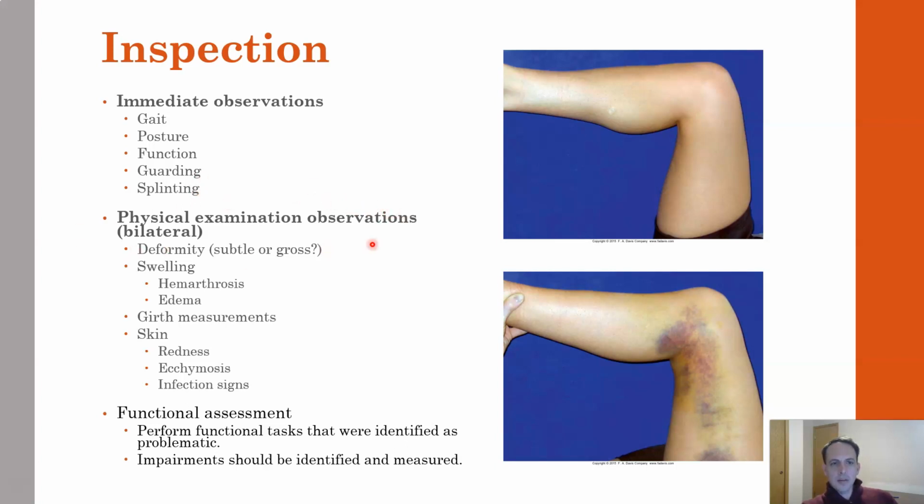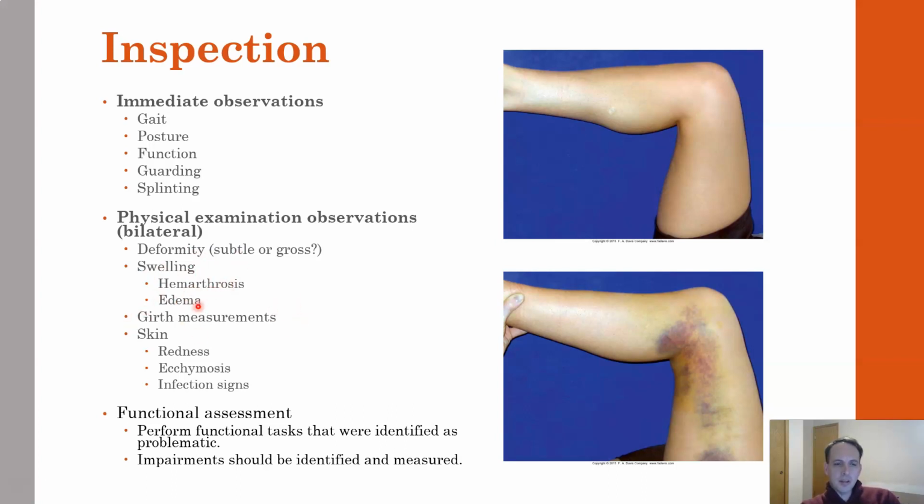We're also going to be looking at our more physical exam observations, always comparing bilaterally. We're looking for deformities, either subtle or gross, things that are completely out of place that might give us an indication of what is wrong. Swelling, both edema and bruising or hemarthrosis, can come into play with identifying where things are wrong.